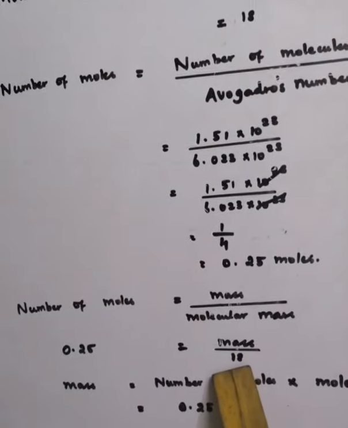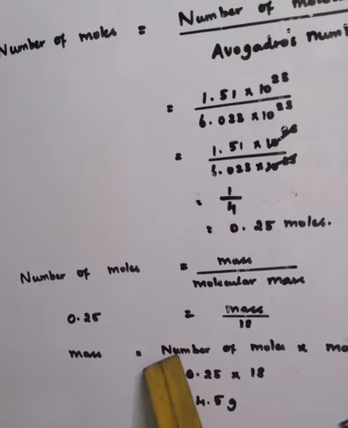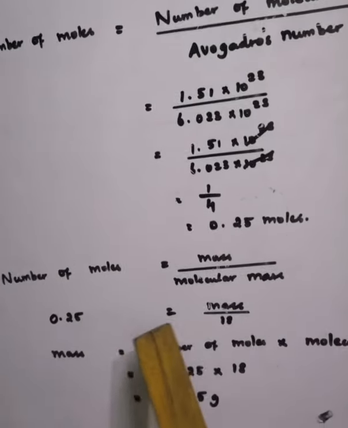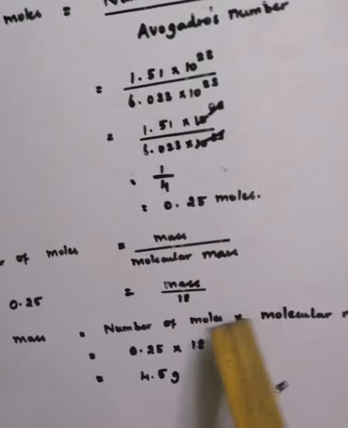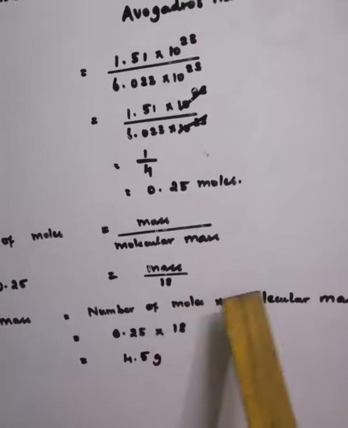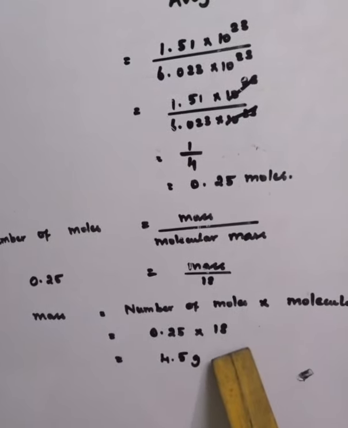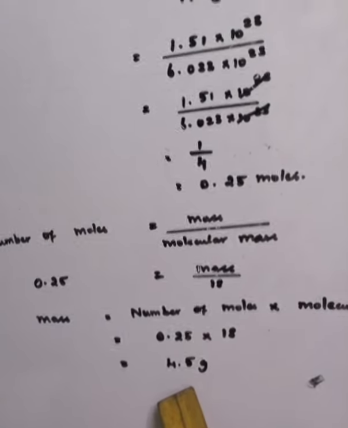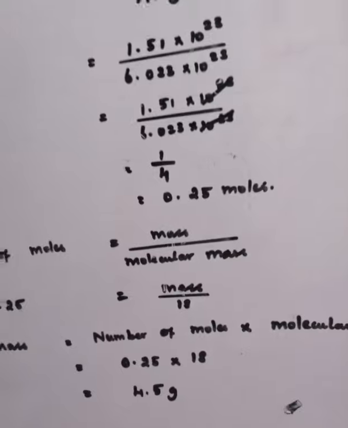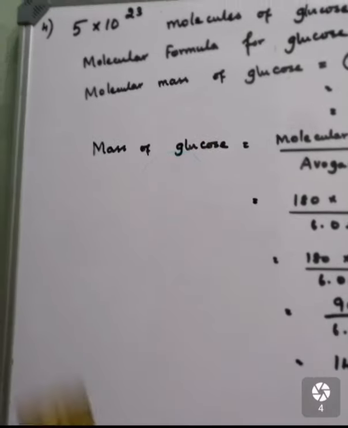So, rearranging the formula, mass is equal to number of moles into molecular mass of water. Now substituting the data, 0.25 into 18, you would be getting 4.5 gram. That's all, children. Shall we see the next problem?